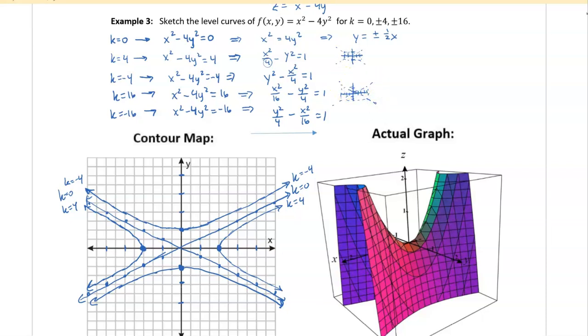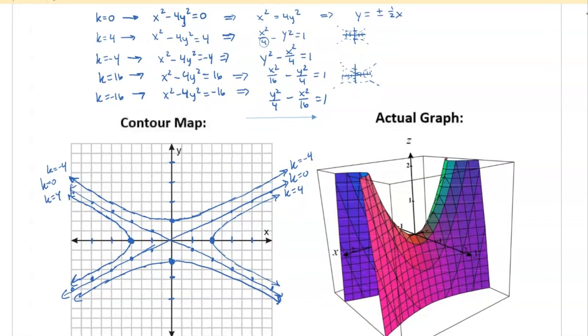You'll notice that the slopes of those is still 1/2. We just have a pair of hyperbolas, one that'll open in the x direction with the vertex at x equals 4 and negative 4. That is for our level curve at k equals 16.